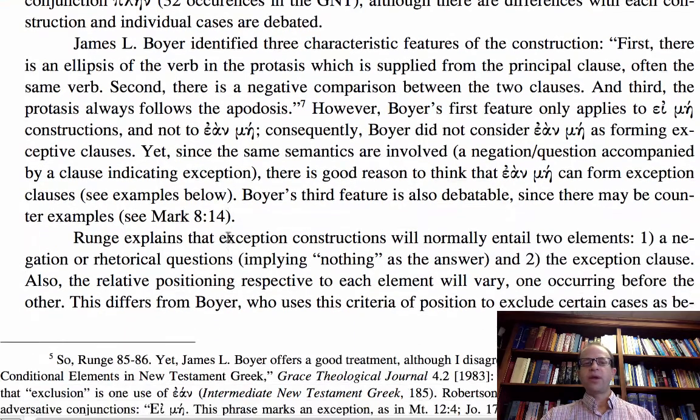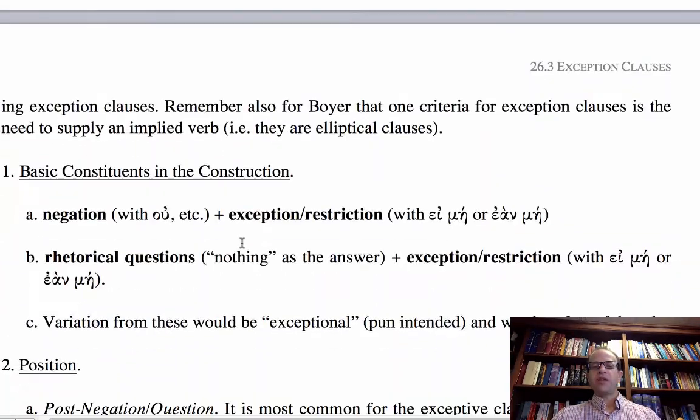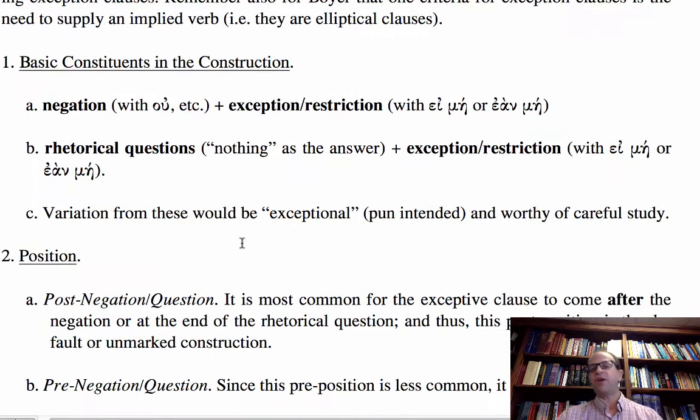I review James Boyer's study on this, and he found that these exception clauses need to not have a verb. Well, that's true most of the time, or almost all the times, with ei mē, but not with ean mē. And so the construction is that you'll have a negation, and then you'll have the exception.